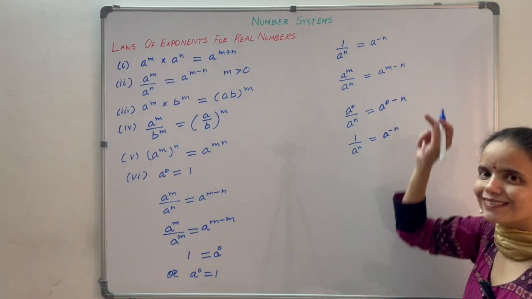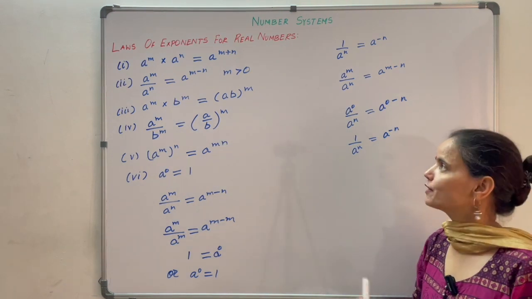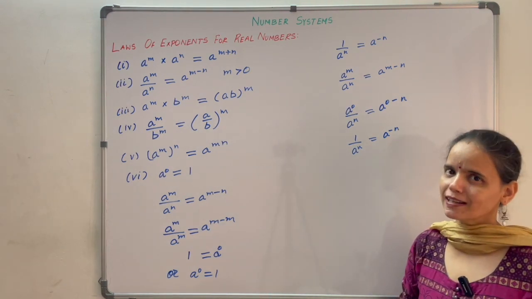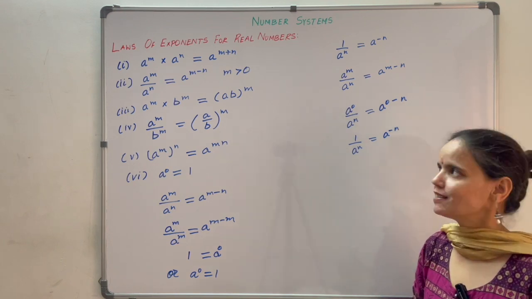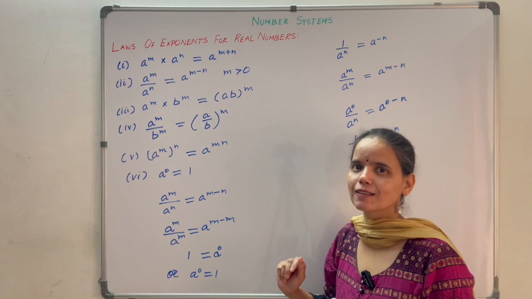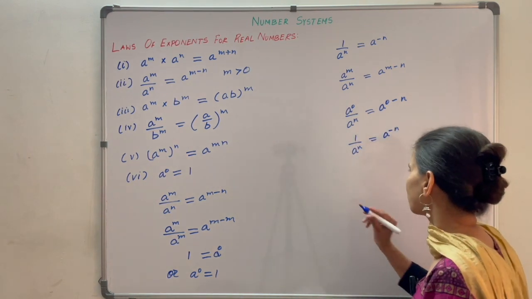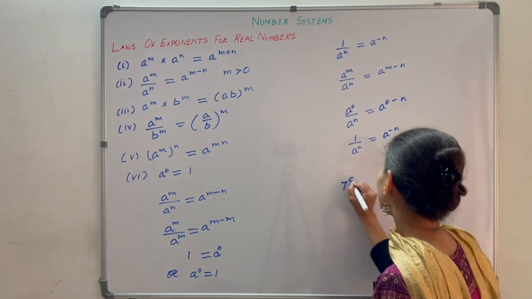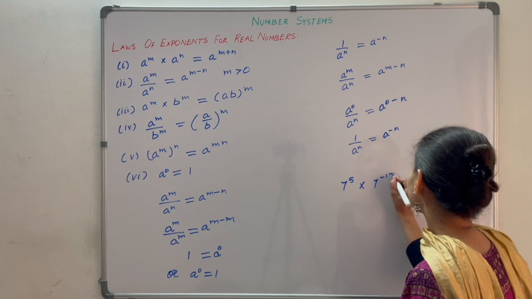So we got this. So later on we have studied that we can extend this idea to negative exponents as well. So the numbers having negative exponents obey all these laws. Let me explain you with the help of few examples. Suppose you have 7 raised to power 5 into 7 raised to power minus 15.